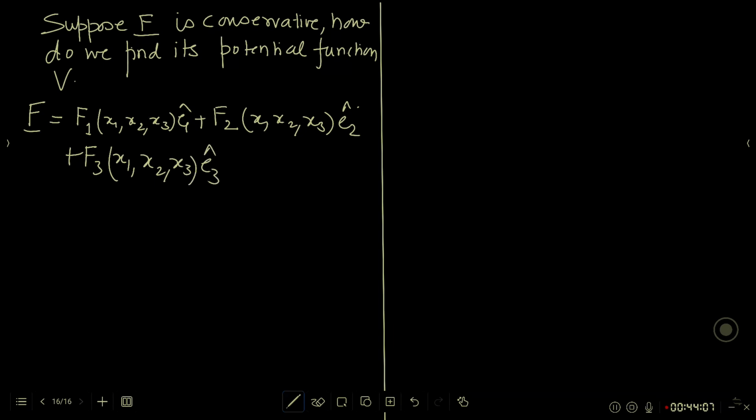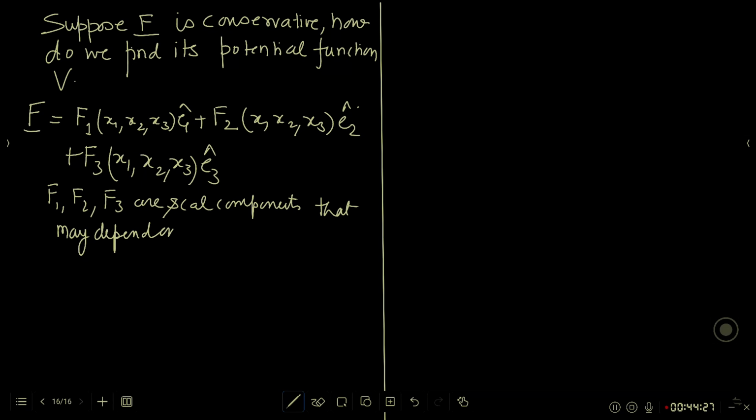They cannot depend on time, I have already said that. If a force is dependent on time, there is no question that it can ever be conservative. We are not talking about such a possibility at all. But I am also not saying that if a force does not depend on time, it has to be necessarily conservative. That is also not true. There are certain conditions and we will look at those conditions also.